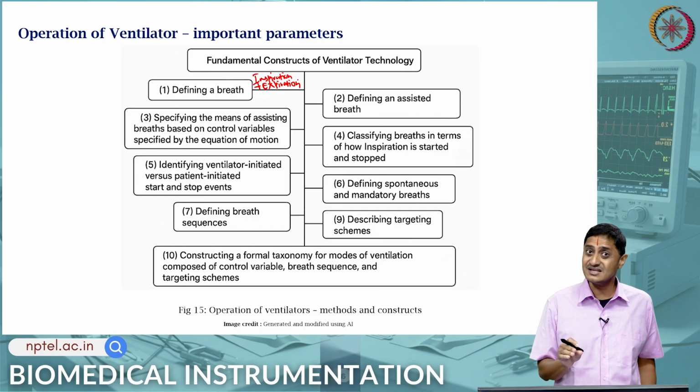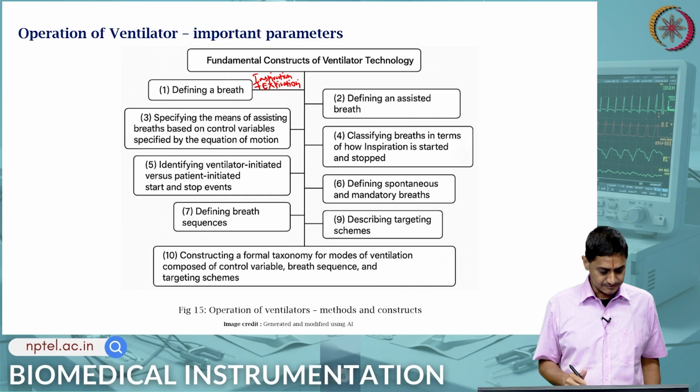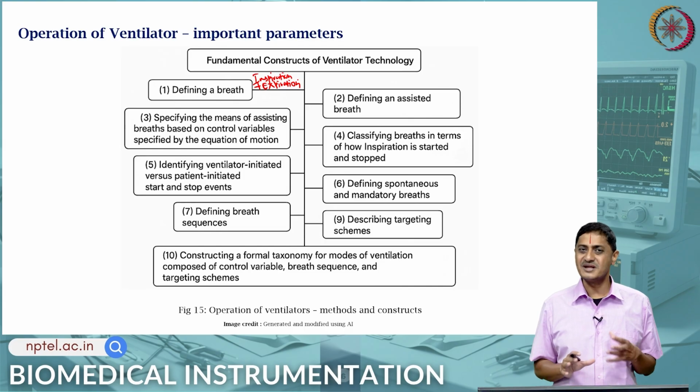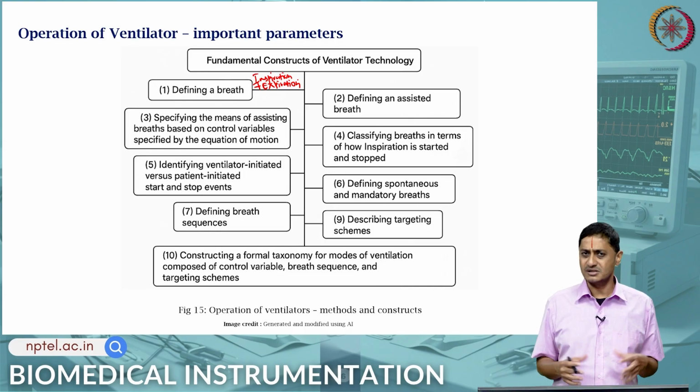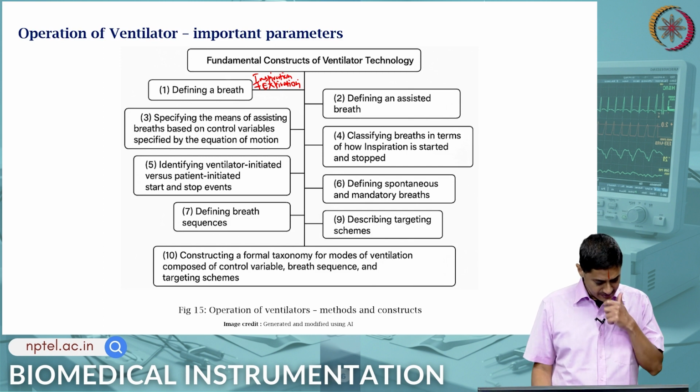So, this essentially is the difference between a regular breath and the supported breath. Essentially, the ventilator amplifies the patient's requirement for breath and then provides the appropriate ventilation. Right? So, that is the difference in an assisted breath.